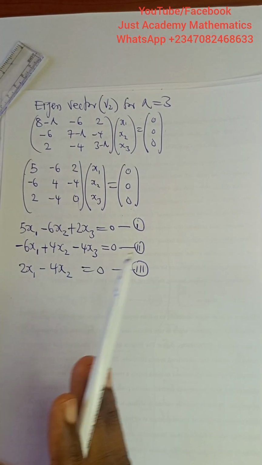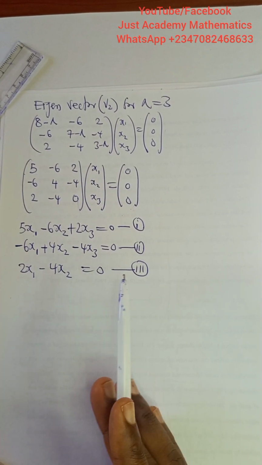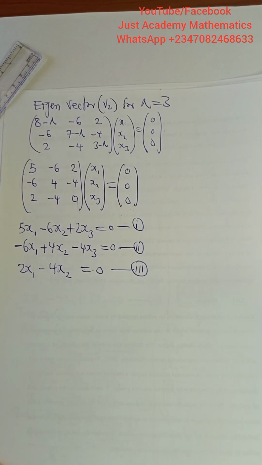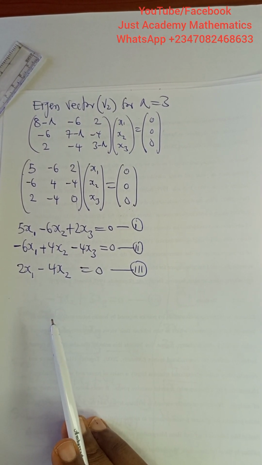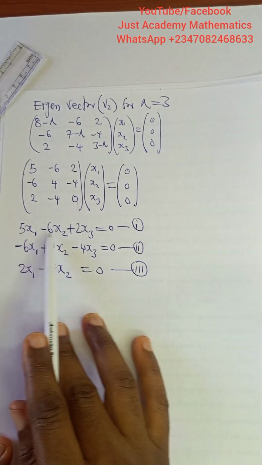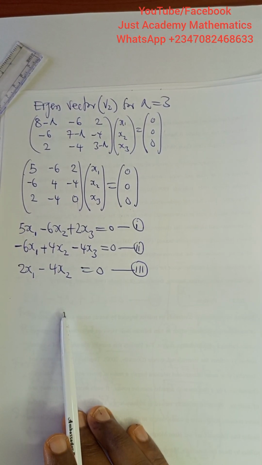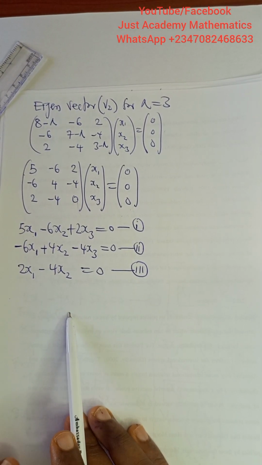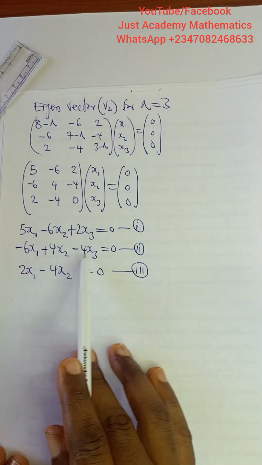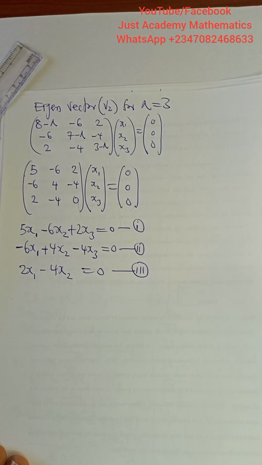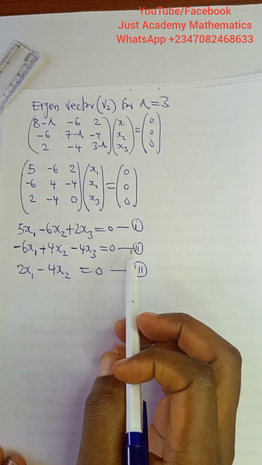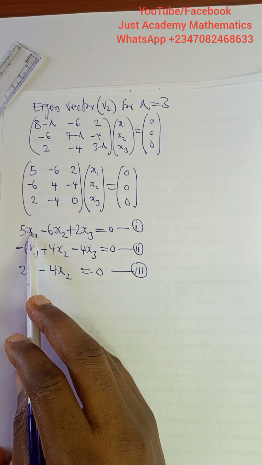Don't change this, or else you will miss it. You can find everything in terms of x2, but since the previous vector, for eigenvalue 0, was found in terms of x3, we are going to find this one in terms of x3 as well.